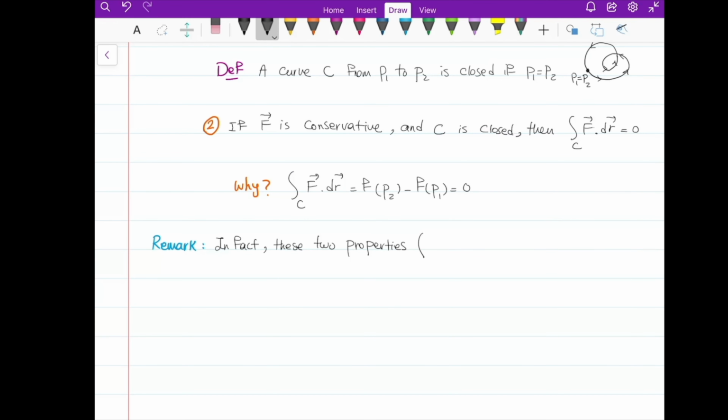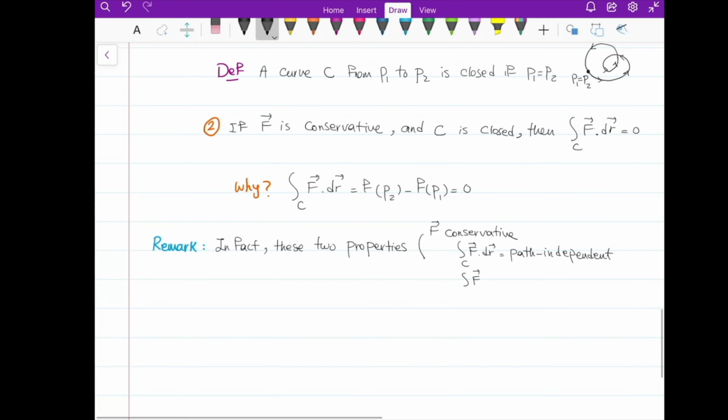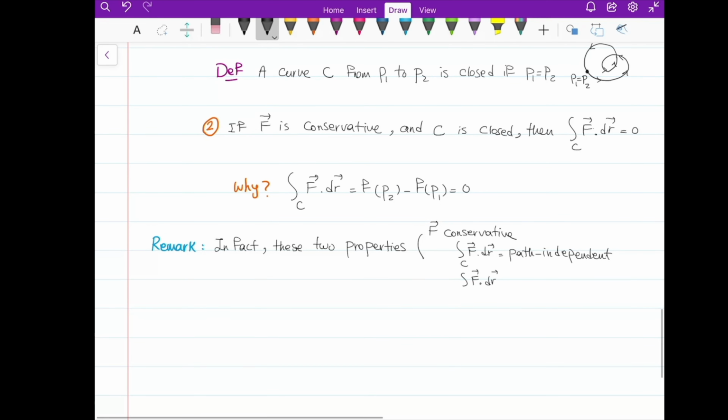The one that when f is conservative, the integral of f dr over the curve C is path independent, and the integral of f dr over a closed curve C is 0. So these two properties are equivalent.